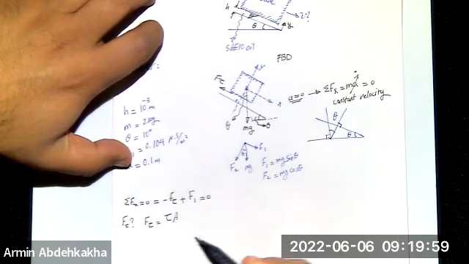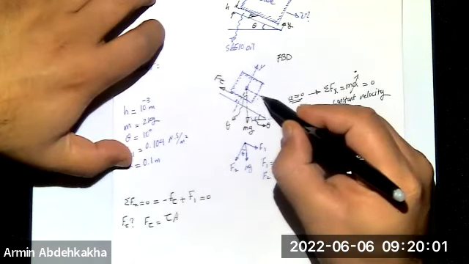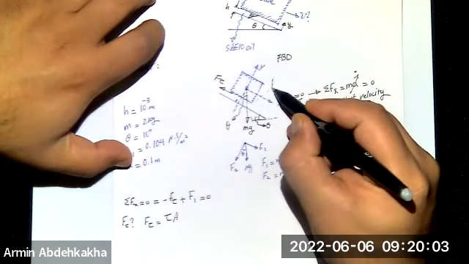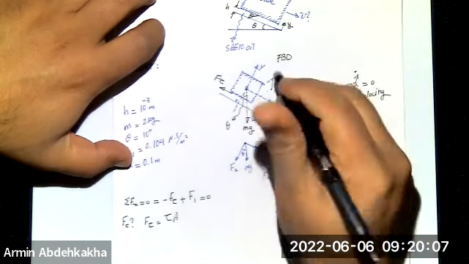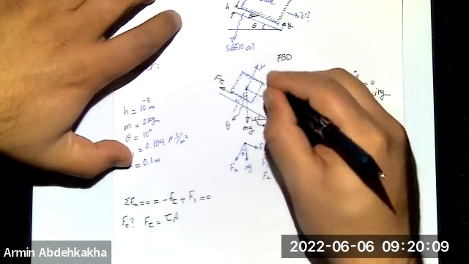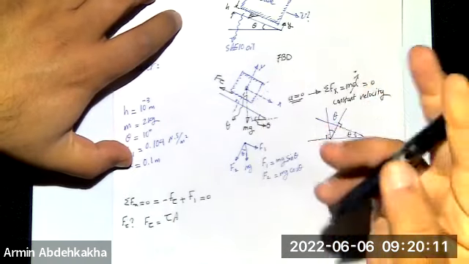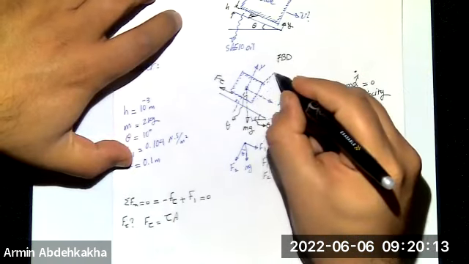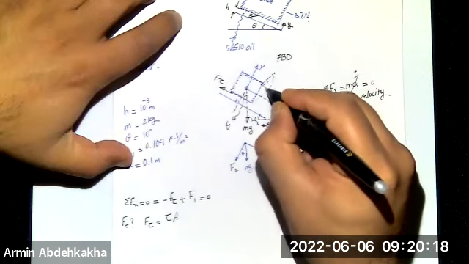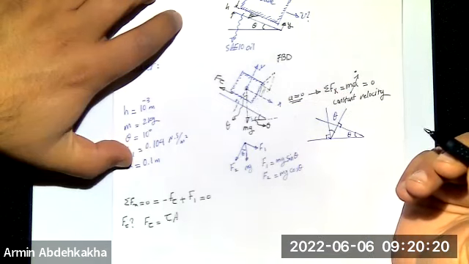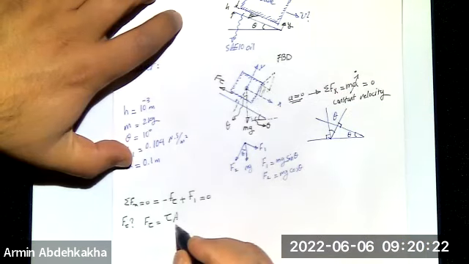What is the area? If that's a cube, then the area here should be constant, right? The area is pi to the power of 2.